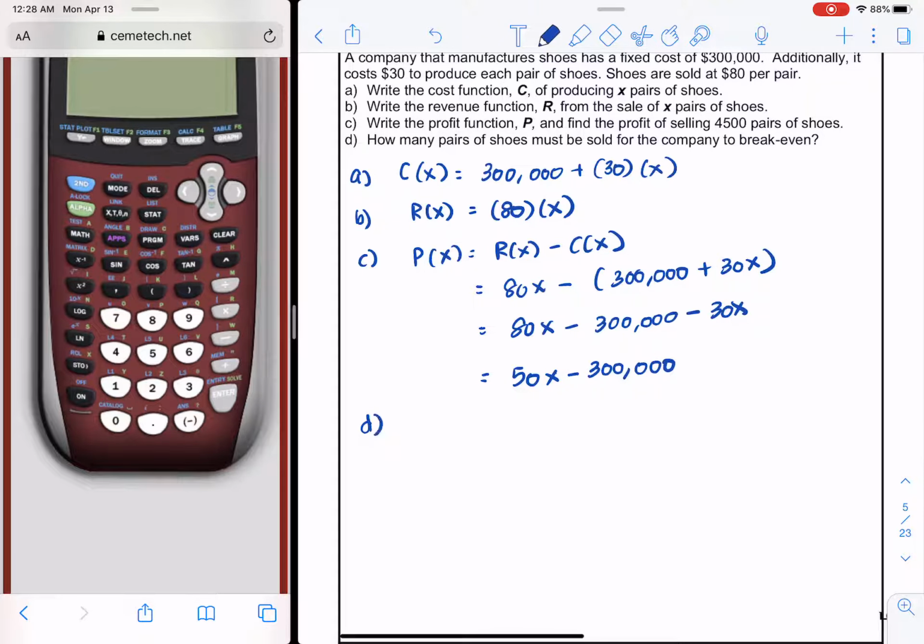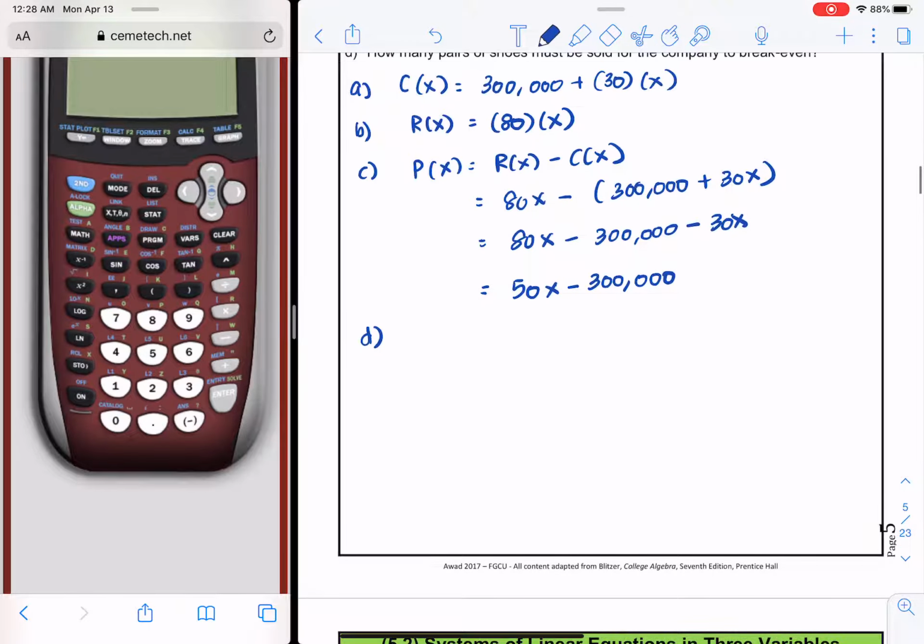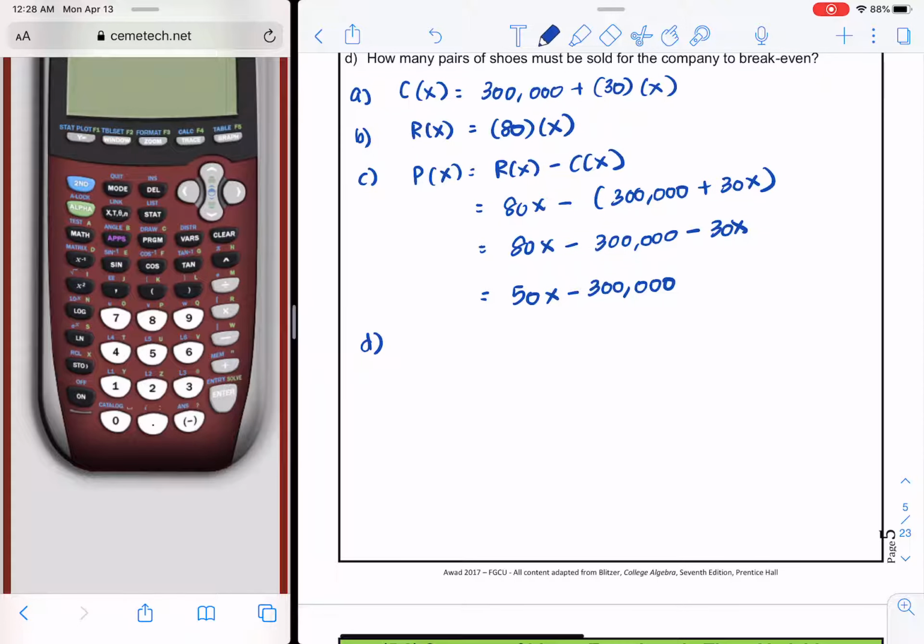And how do we find the break-even point? If the profit is 0, then we have the break-even point. So set P of x equal to 0, and we solve for x.